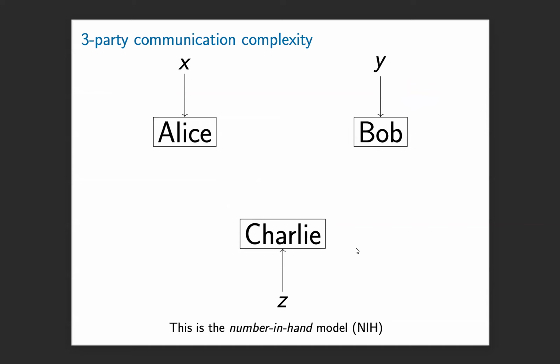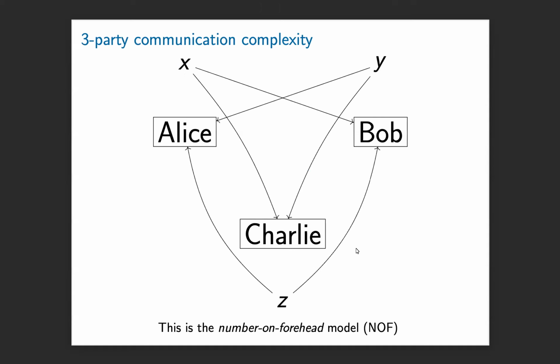This is called the number in hand model because we can think of each player having their number written on a card that's held in their hand, secret from every other player. Another generalization is called the number on forehead model, because now we can think of that card instead being taped to their forehead. So every other player can see their input, but they can't.